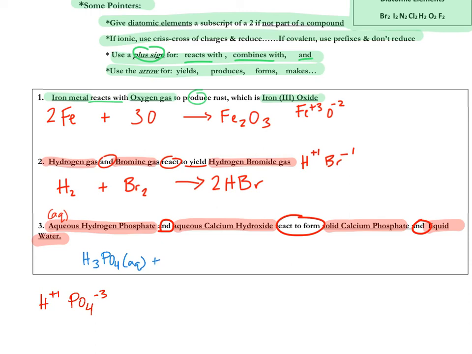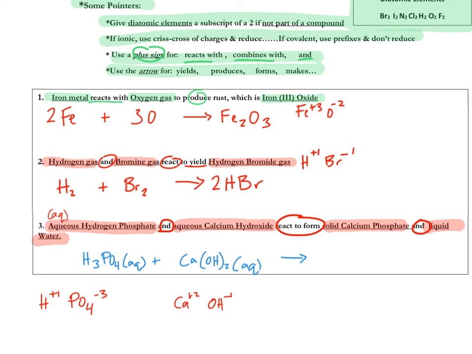So let's see what calcium hydroxide looks like. Calcium is +2. Hydroxide is -1. So when I cross the charges, I get Ca(OH)2. And this is also aqueous, so it goes AQ in parentheses. Reacts to form, so arrow, solid calcium phosphate.